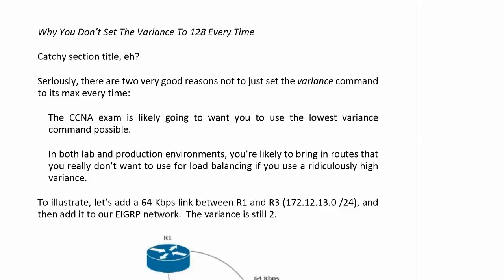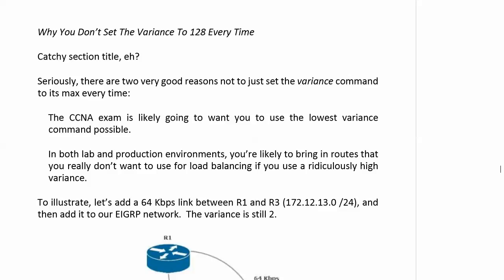It's something you should be aware of because there are two really good reasons not to just set it to 128 or in the future whatever its max is. The CCNA exam is likely going to want you to use the lowest variance value possible. Then I would anticipate that any future Cisco exams you take, and perhaps non-Cisco exams, will want you to do the same thing, because they want you to demonstrate that you know what's going on with the variance command.